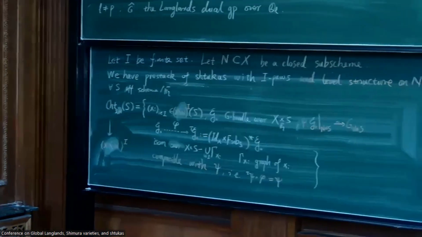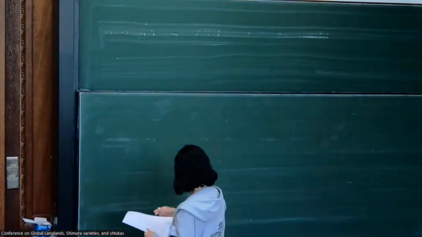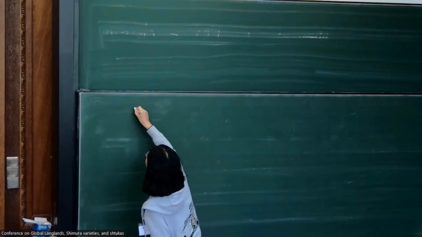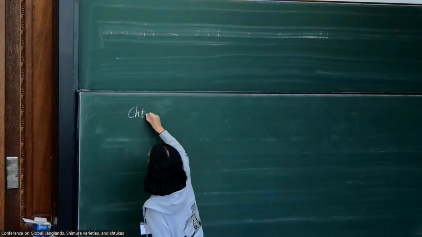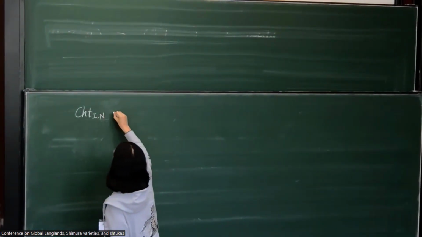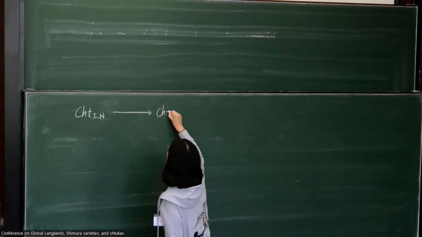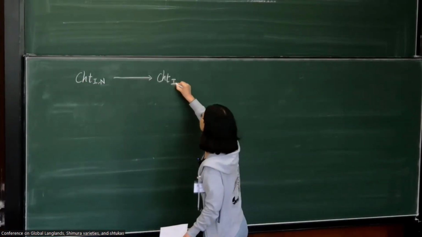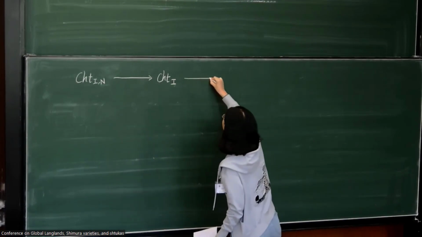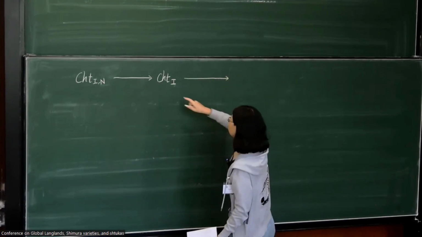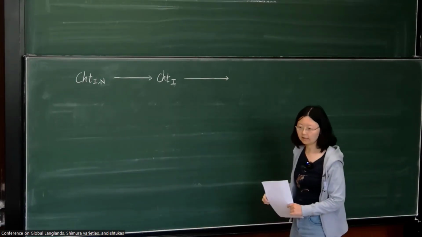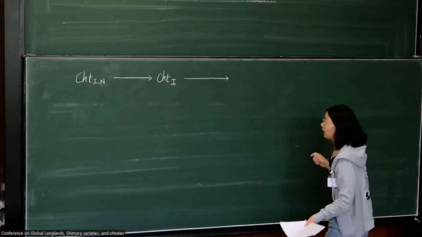Now let's consider sheaves on these stacks. We have a morphism from the stack of shtukas with level to the stack of shtukas without level, just by forgetting the level structure. The stacks of shtukas with I legs have a local model. They are the Beilinson-Drinfeld affine Grassmannian with I legs.